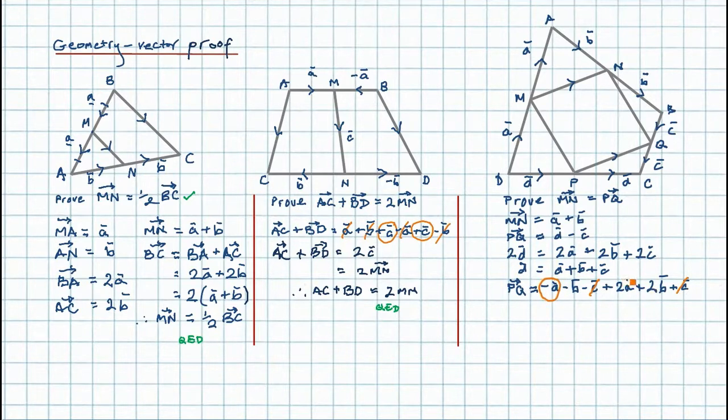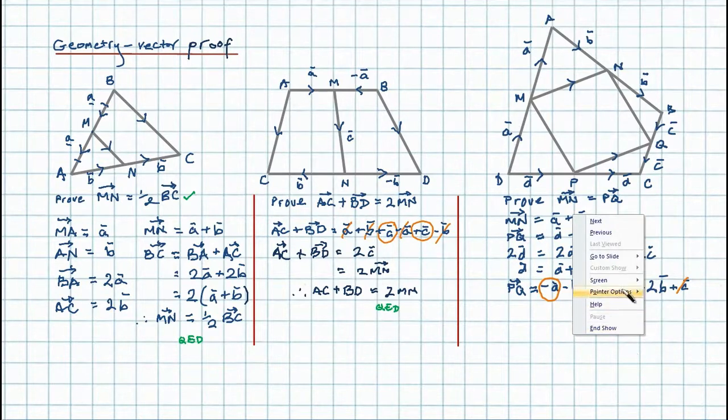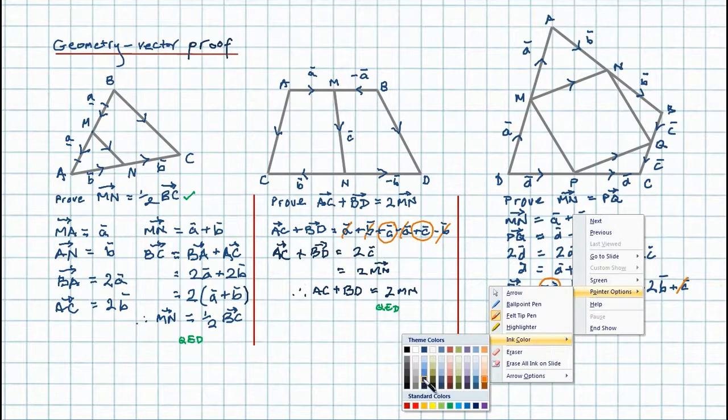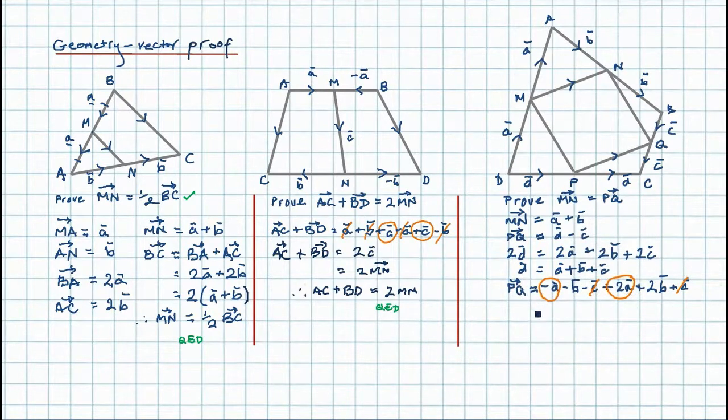Minus A plus 2A. So 2A minus A is just A. Now I've got minus B plus 2B, so 2B minus B is just plus B.